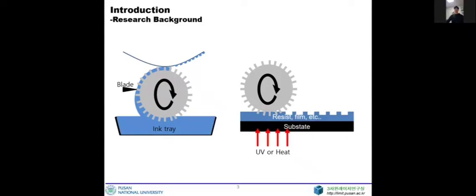So now I will explain why a nanopattern cylindrical mold should be studied. One of the most cost-effective processes for mass production is a roll process such as gravure printing or nano imprinting. And this process requires a cylindrical mold.